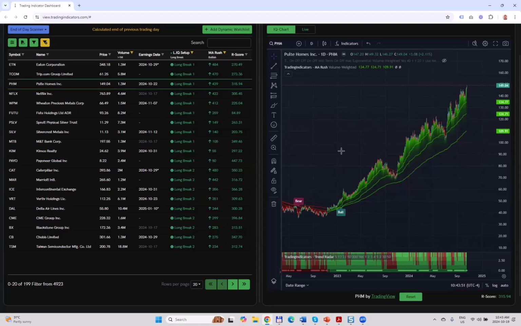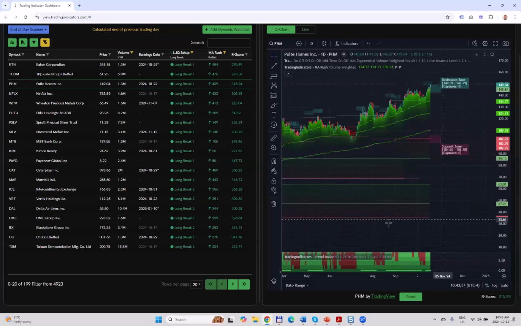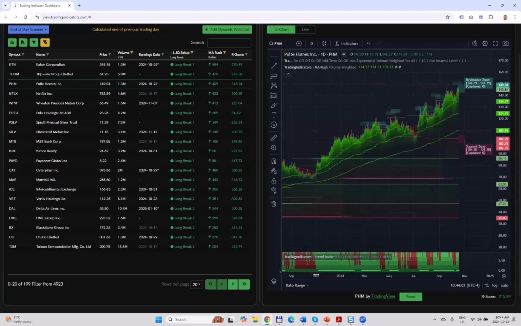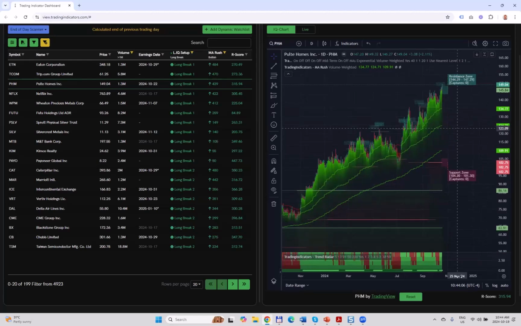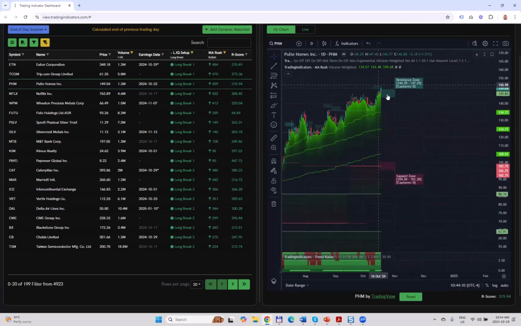Okay, so this one, let me just switch on one more time. Our levels here, I like it. I think the trend move is very, very smooth overall. We just made all-time highs. We are now trading above this resistance level. So this could be an interesting trade to the long side.